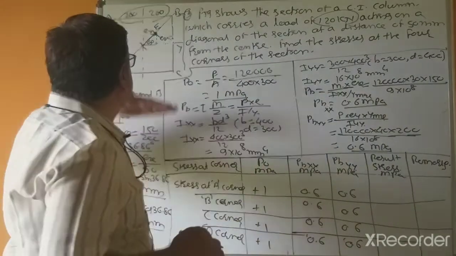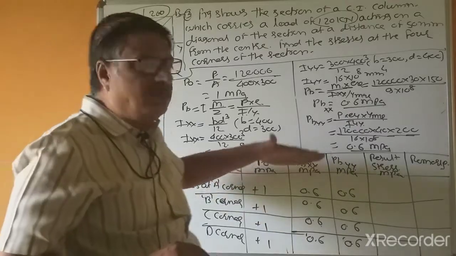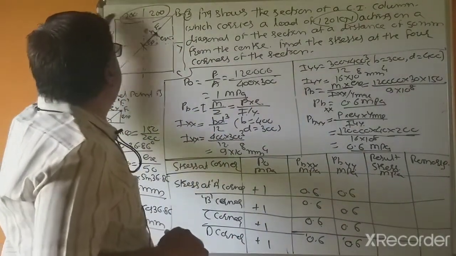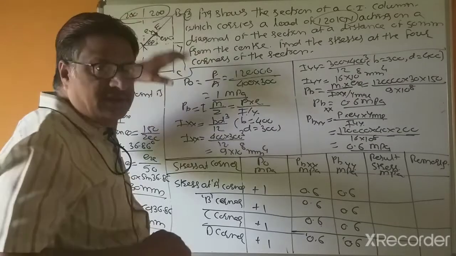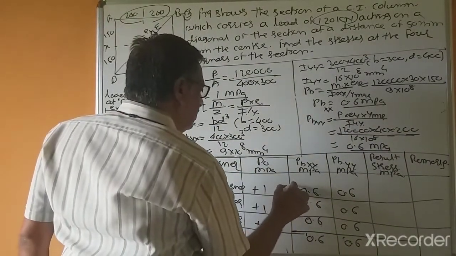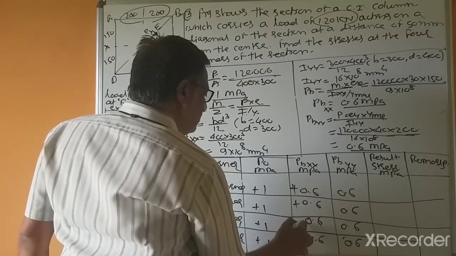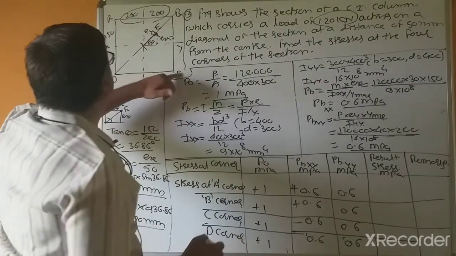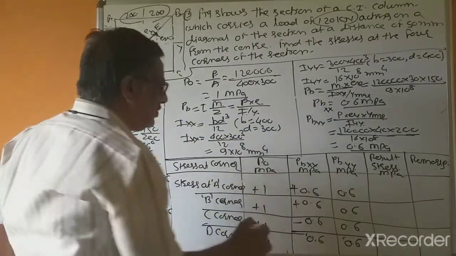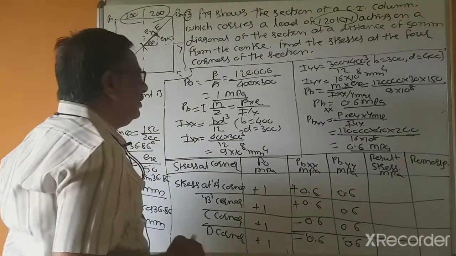For the XX axis, the load point is above the XX axis, so at A corner and B corner this is positive, and because C and D points are below it, with no load points, this is negative.